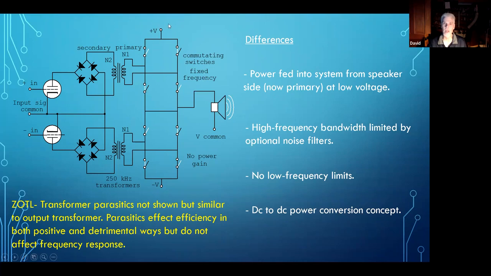So this is now the primary. We're feeding our power in here and here. The high frequency bandwidth is limited by optional noise filters. I haven't shown any here. I'm just showing a direct connection. There's no low frequency limit to this whatsoever. It's DC coupled, goes down to DC, plain and simple. And it's a DC to DC power conversion concept.